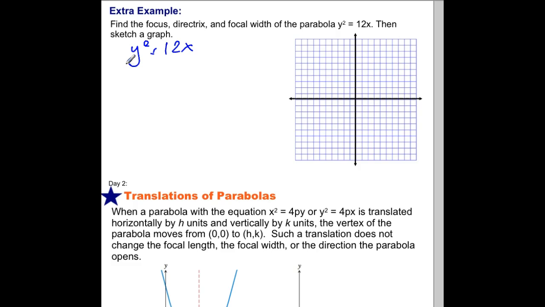And we compare it to our generic one, y squared equals 4px. So the 4p and the 12 are the same, right? So that means p has to be 3. Okay, so we know it's going to open to the right because p is positive.